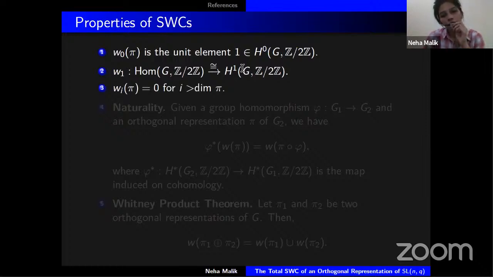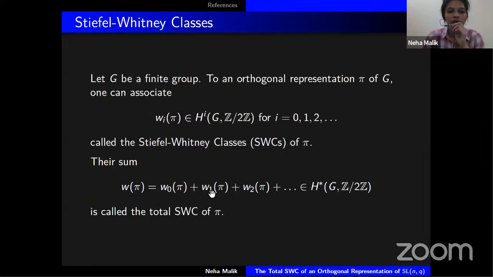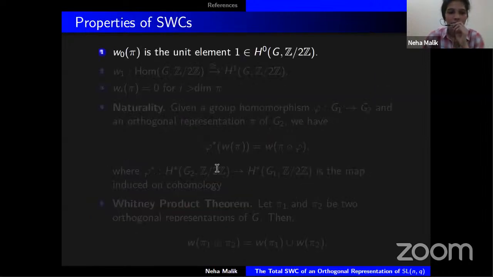Also, if you take any orthogonal representation pi of dimension n, and take i greater than n, then w_i(pi) is 0 for all those i. That is why this sum turns out to be finite.